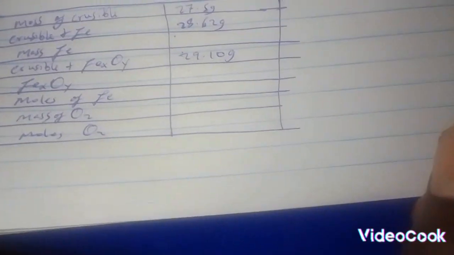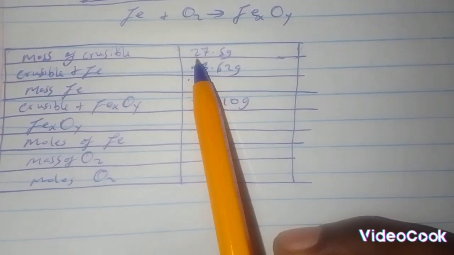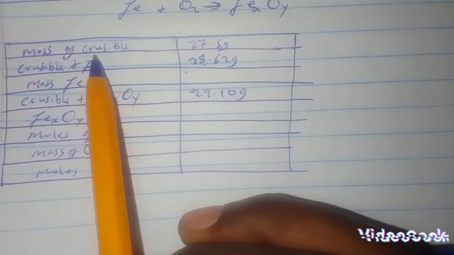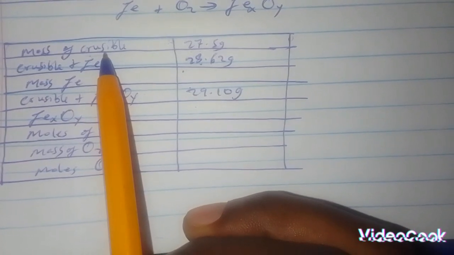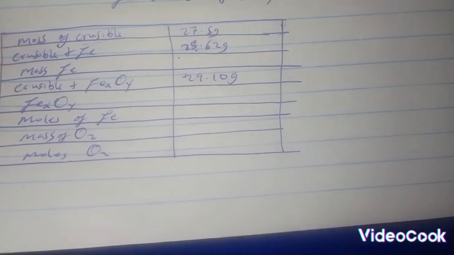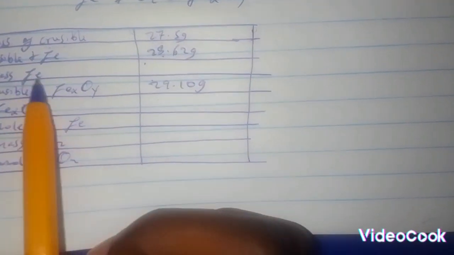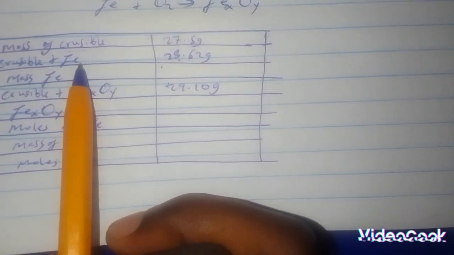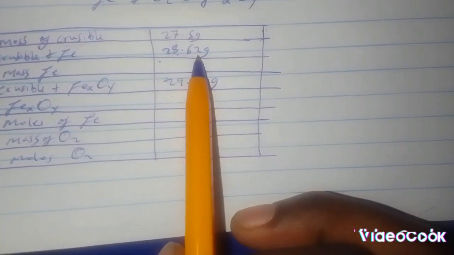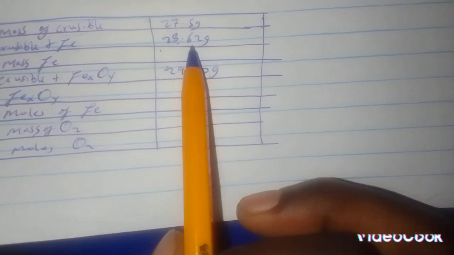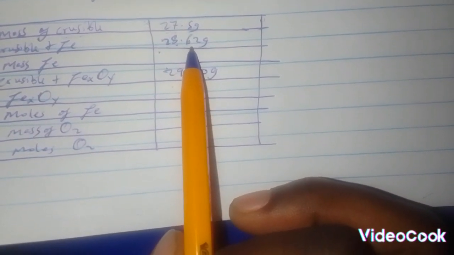Now coming to the table, we can see that this is 27.5 grams of the crucible. What does this mean? It means that they added the mass of the crucible plus that of iron, which is 28.62 grams.